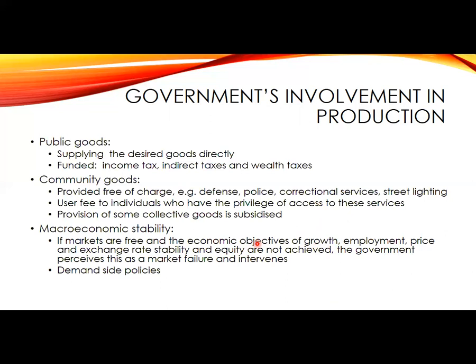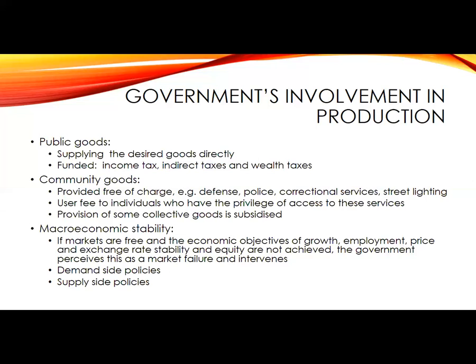They do this through demand-side policies, which include your monetary and fiscal policies. And then they can also apply supply-side policies, which focus on the capability of the economy to expand the stock of their factors of production, to improve their infrastructure and the flexibility of their markets in order to expand production.